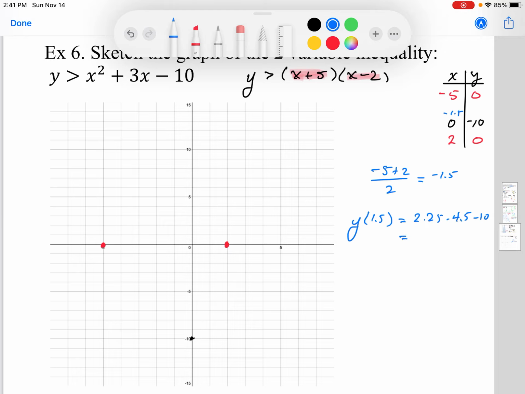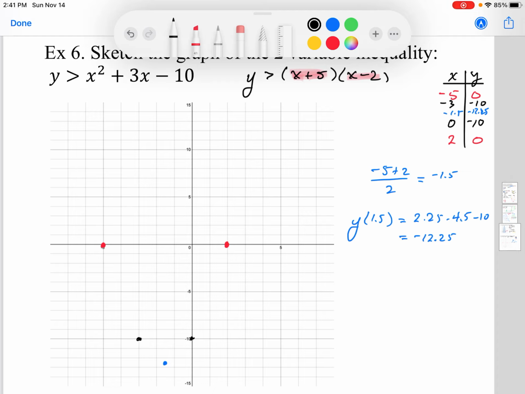Working this all out, I end up with negative 12.25 as my y-coordinate. So negative 1.5, negative 12.25 is right about there. There's my vertex. I'm also going to put in one more symmetrical coordinate at negative 3, negative 10, which is symmetrical to the y-intercept. Now I'm able to draw my parabola.